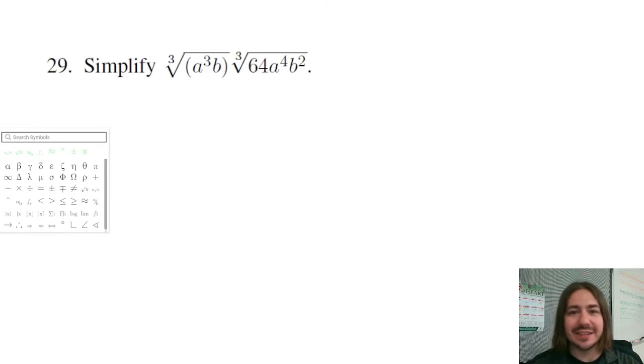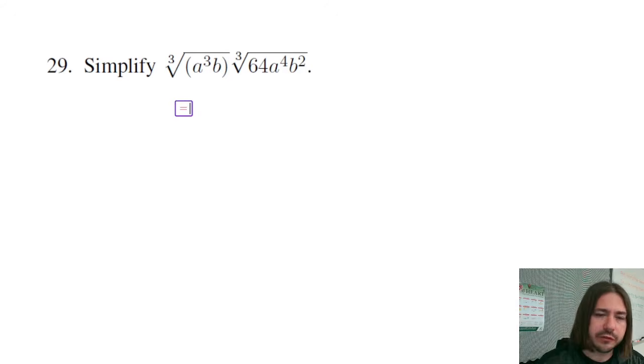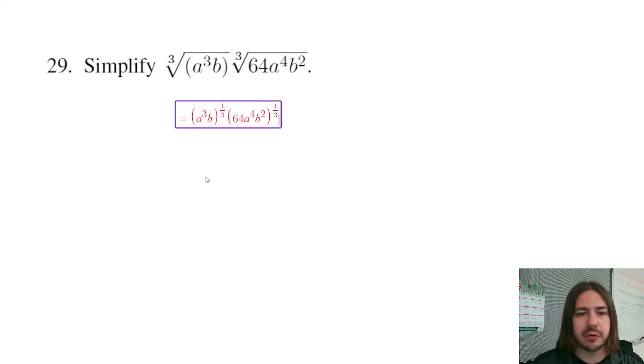Number 29 says, simplify this expression. We've got two cube roots here and a bunch of stuff going on in between. This is going to be another exponent property problem. What you need to know is that whenever you take the cube root of something, that's equivalent to raising it to the 1/3 power. So I'm just going to rewrite this, and instead of using the cube root here, I'm just going to write to the 1/3 power, and then we can treat it like we did problem number 28.